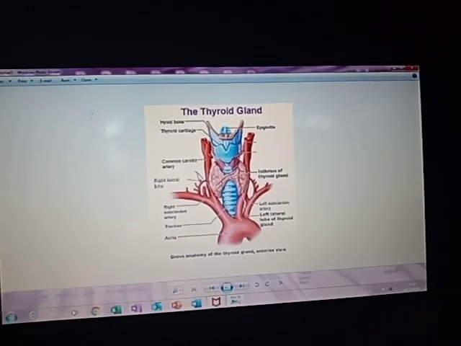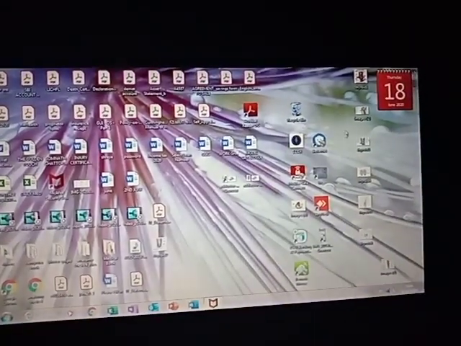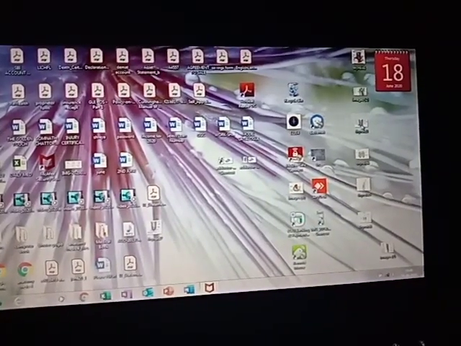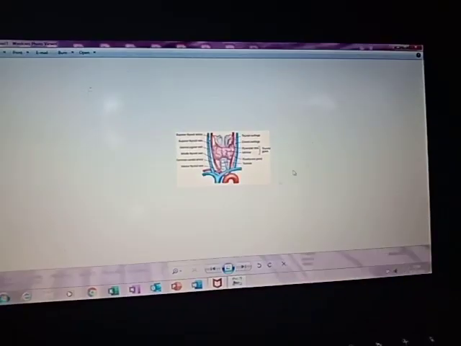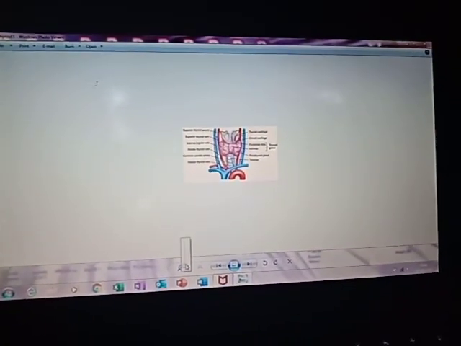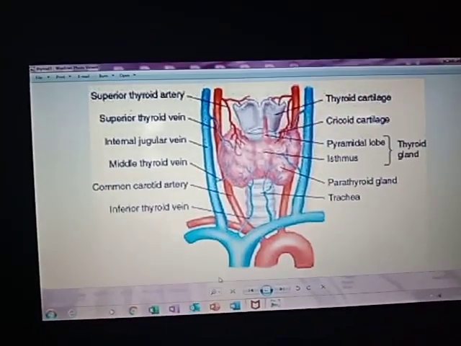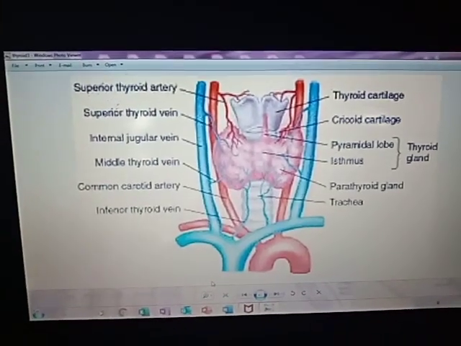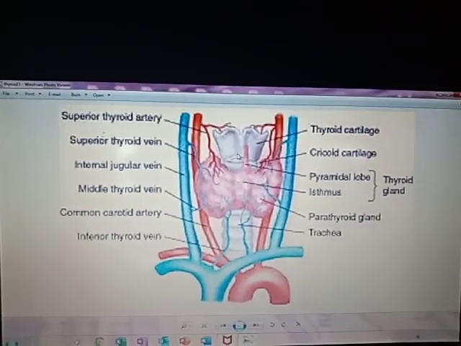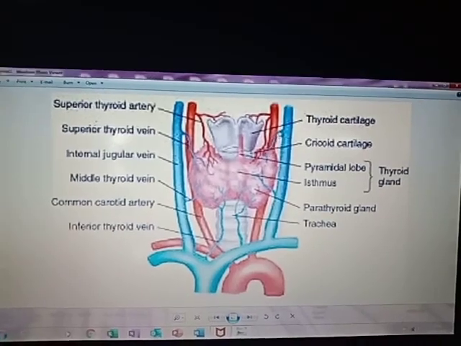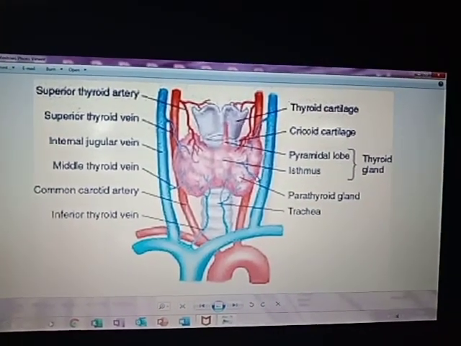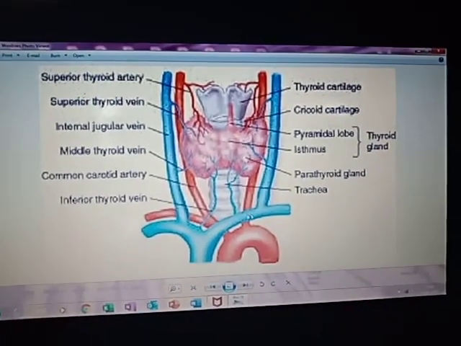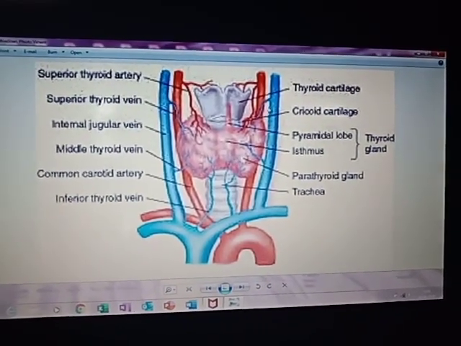Okay, if we go to the next slide, you can find the venous drainage also. In this venous drainage there is one difference. The superior thyroid vein and the middle thyroid vein drain into the internal jugular vein, and this is the inferior thyroid vein.